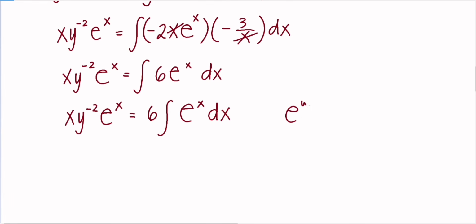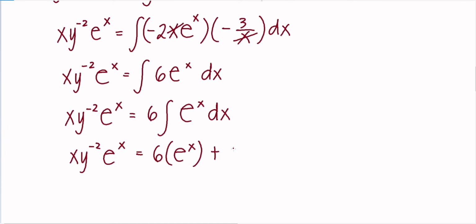It's just like the integral of e raised to u du, so the integral would be the same. So, xy raised to negative 2, e raised to x equals 6 multiplied by the integral of e raised to x dx. The integral of that is still e raised to x, plus c.